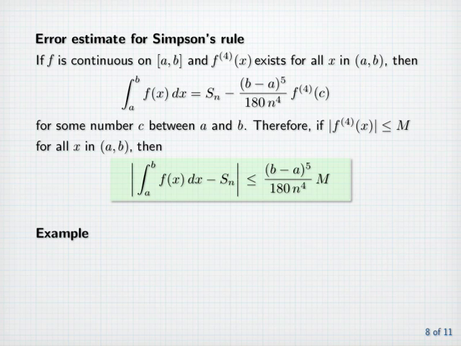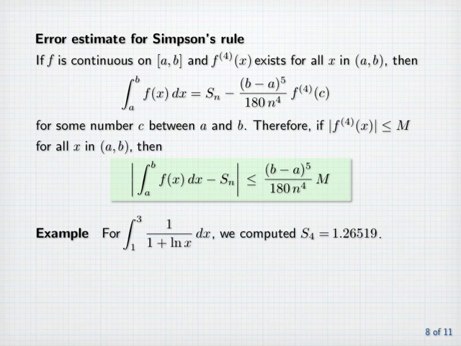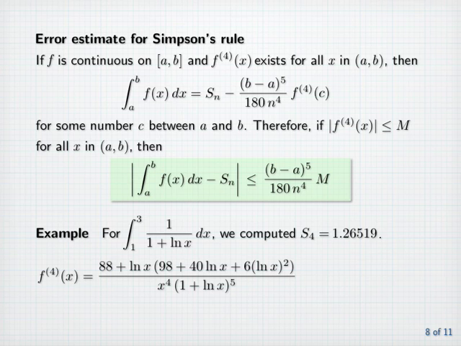Now, for example, for the integral from 1 to 3 of 1 over 1 plus log x dx, we computed S4 equal to 1.26519. Now let's compute a bound on the error. We'll skip the details again, but after a considerable amount of work, we find that this is the fourth derivative of f, and it's the absolute value of that we're actually interested in.